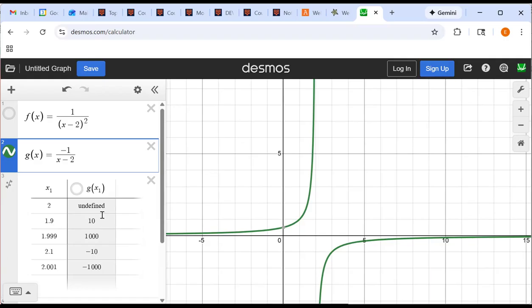But I just wanted to reinforce this overall idea of if I want to know what's happening at a number for the limit, sometimes plugging in the number itself gives us a hint, but it's not necessarily a definitive answer. Now, if you plug in the number and get a number out, then as long as the graph itself isn't piecewise, typically what you see is what you get. Not always, but typically.